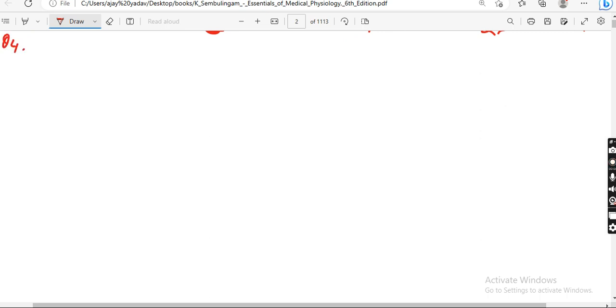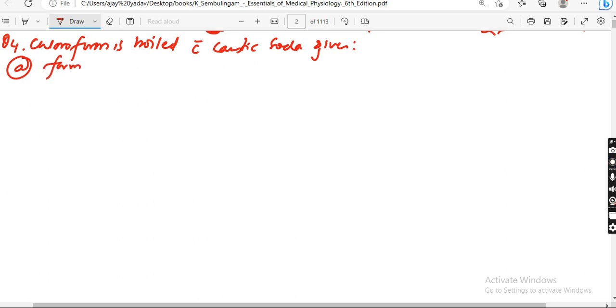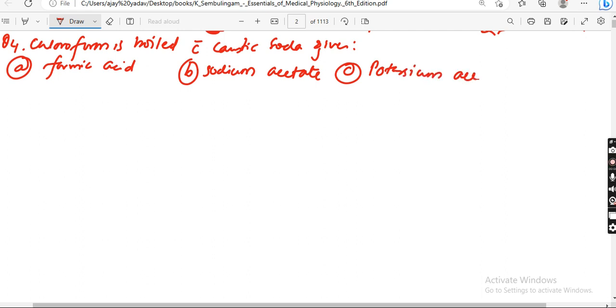So question number 4. When chloroform is boiled with a solution of caustic soda, it gives: A, formic acid; B, sodium acetate; C, potassium acetate; or D, acetic acid, that is CH3COOH.